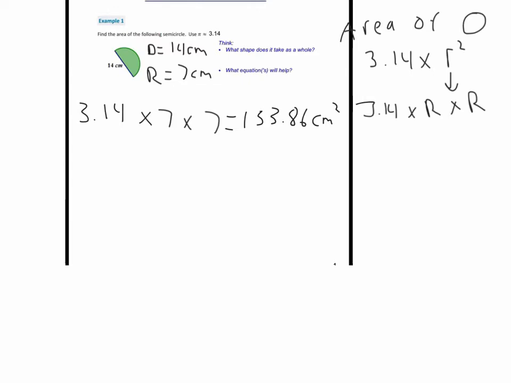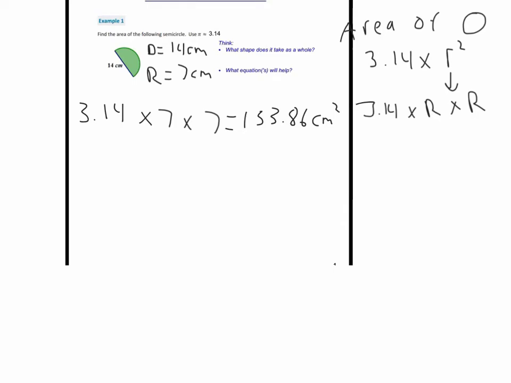Okay, so you're almost done here, but note that you didn't have a full circle, so this would be the area if that circle just continued, but you don't have a full circle, you only have a semicircle, which is half of the circle. So we want to take half of our answer. So how do you take half of 153.86? Well, there's a couple different ways you can do it.